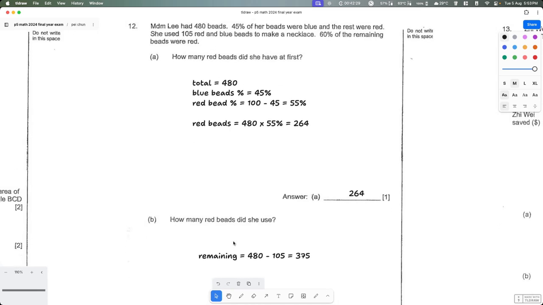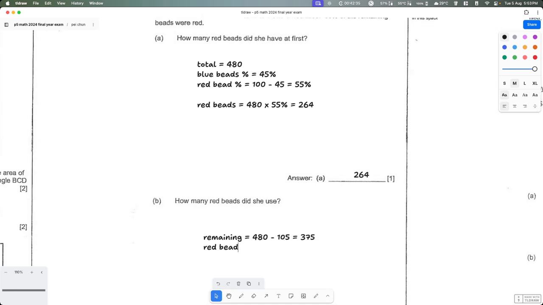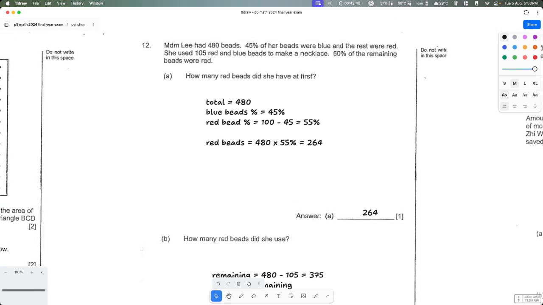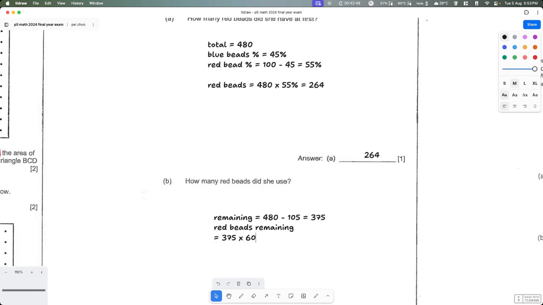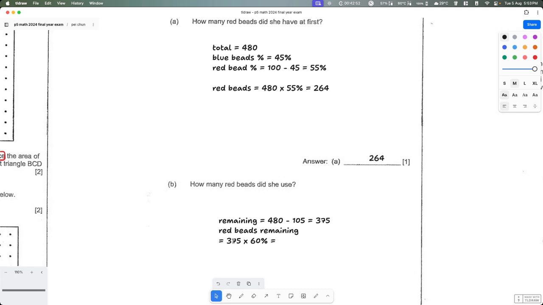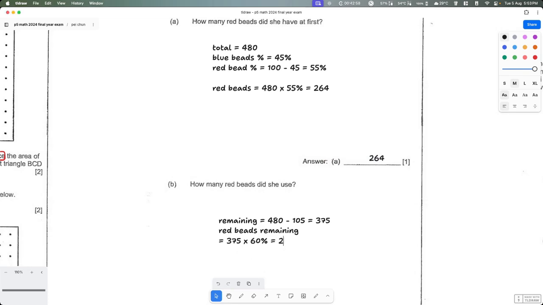So how many are the red beads? 60% of the beads were red. So red beads remaining is equal to 375 times 60%, and this will become 225.